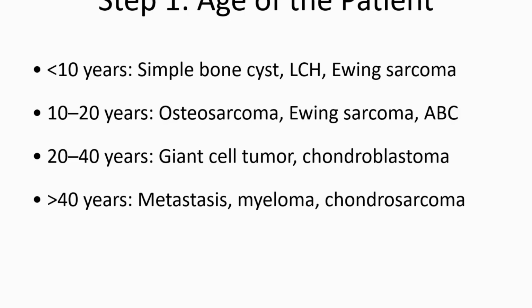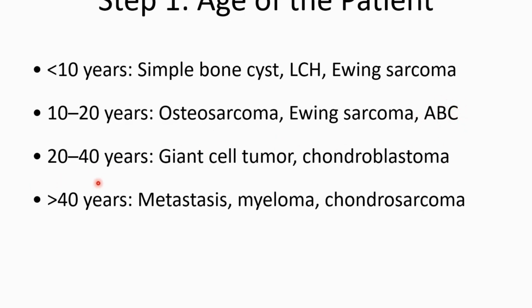Prevalence of bone tumors by age: in less than 10 years, simple bone cyst, Langerhans cell histiocytosis and Ewing sarcoma are common, whereas in 10 to 20 years of age, osteosarcoma, Ewing sarcoma and aneurysmal bone cysts are common.